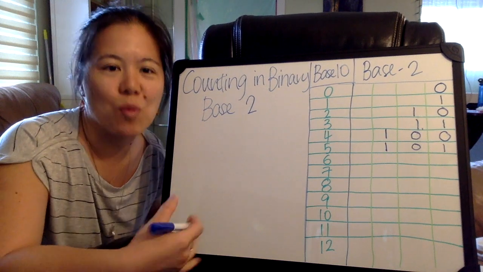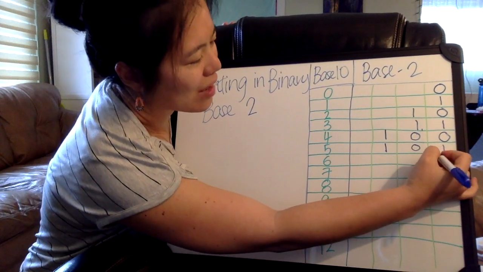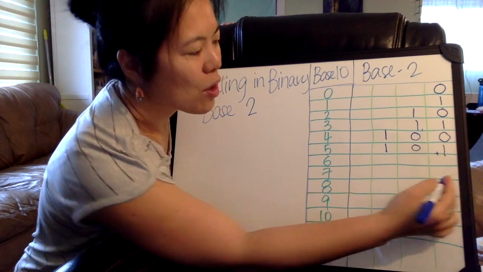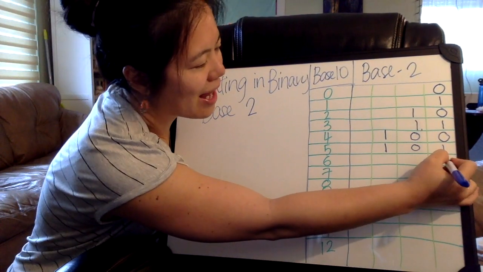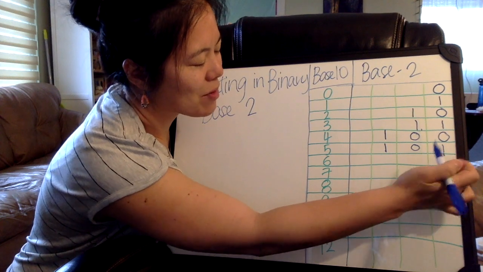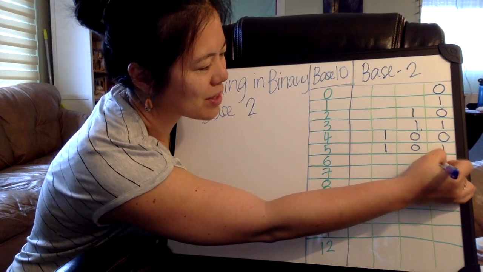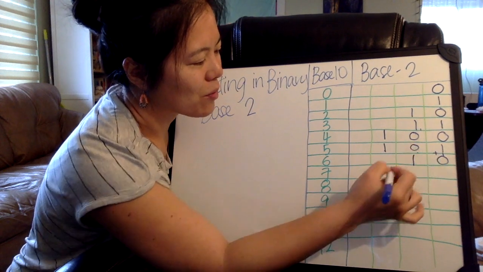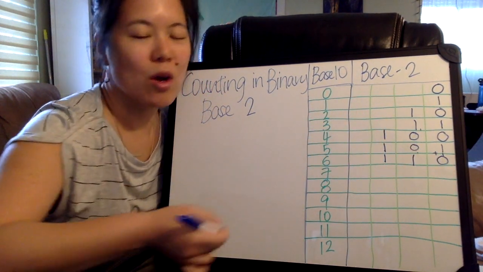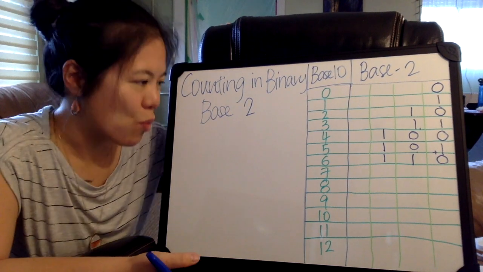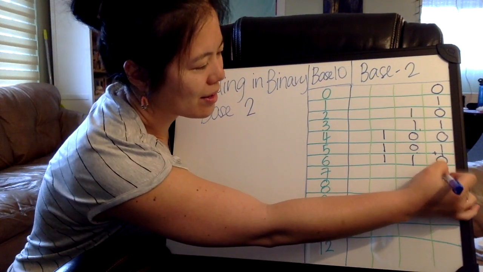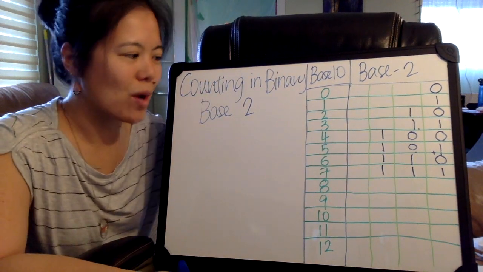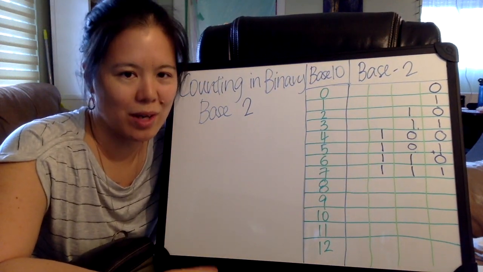And now you add 1 to this again. So add 1. Well, 1 plus 1, 2. Can't keep it right there in the first column. So you bring 0 down, carry 1 over. 1 would fit there. So 1, 1, 0. You add 1 to that. 1, 1, 1. Okay, so now you add 1 to 1, 1, 1.